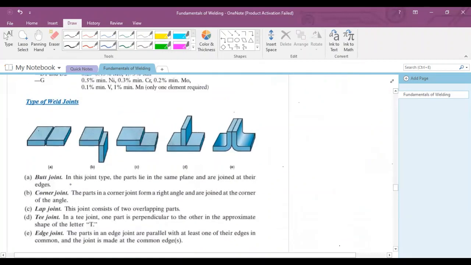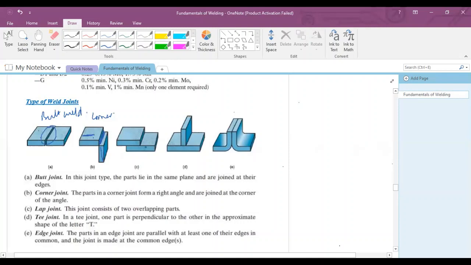We have some types of weld joints. Number one is the butt joint. If two parts lie in the same plane and you want to join them at this junction, this is called a butt weld, or butt joint. And if you have two parts and you want to join them at the corner, like one part is in the horizontal plane and the other in the vertical plane, and you join from this corner, this is called a corner joint.